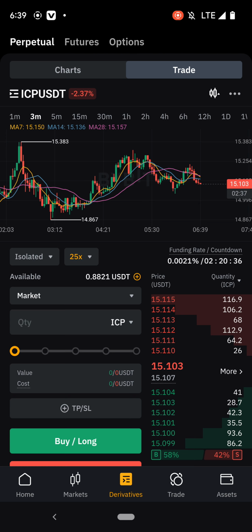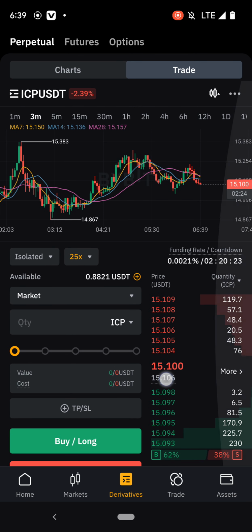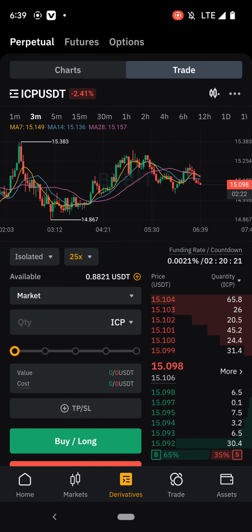When they say current market price, it means you want to enter with the market price at that moment. Where is the market price? This is the market price here. It means if I enter ICP now, I'm entering at this price of 15.103, 15.10 something. It is changing because it is a current price.